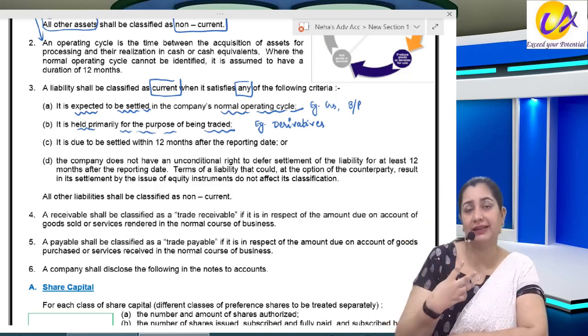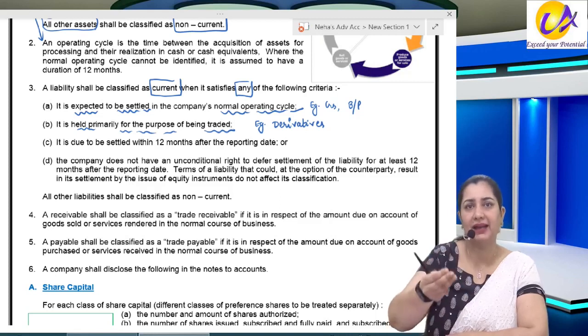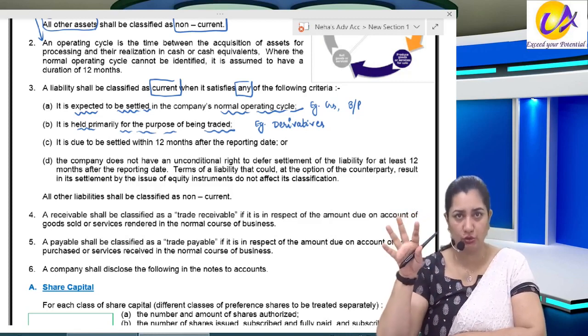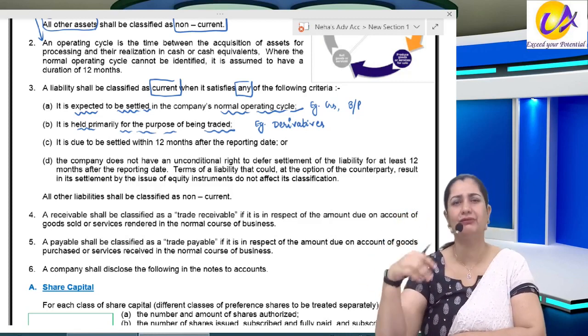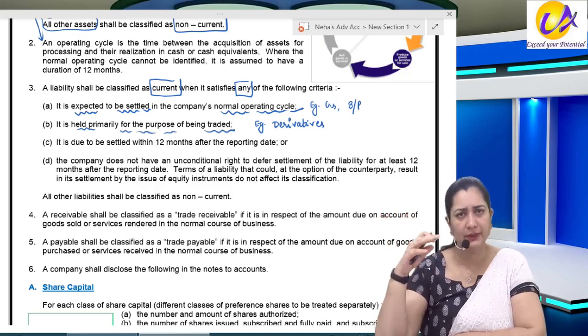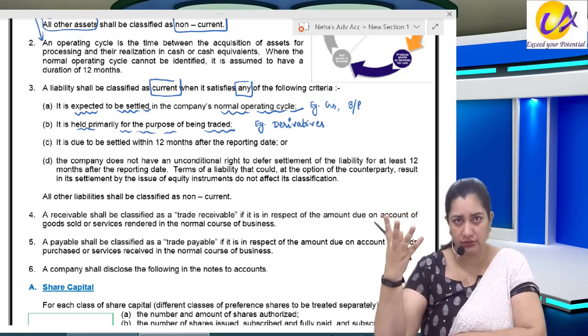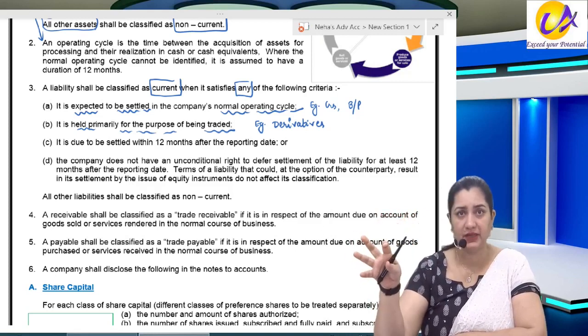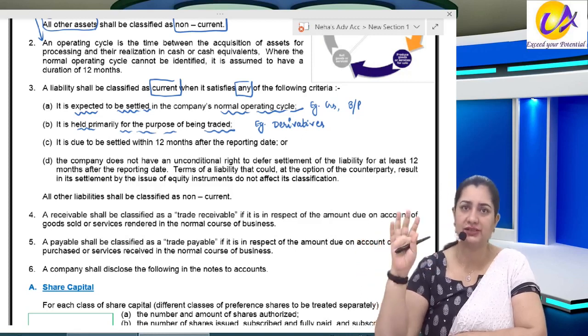It is a contract, a derivative, that I will buy a certain quantity of, let's say, gold or something from you at 100 rupees. Gold at 100 rupees is not a good example, but for understanding's sake. After 3 months, we will see what is the exact rate, and accordingly we will settle it.